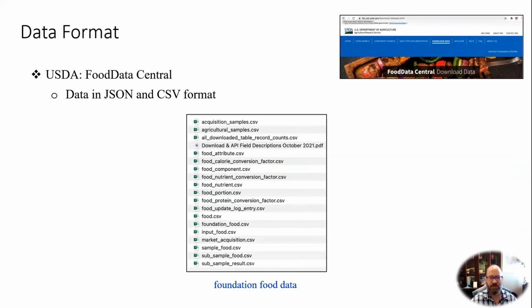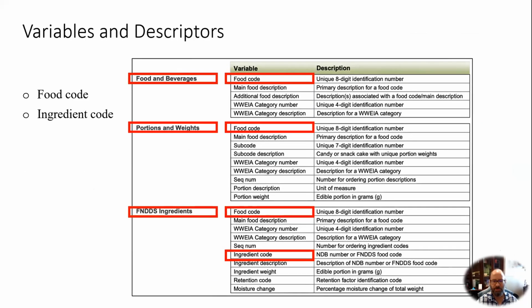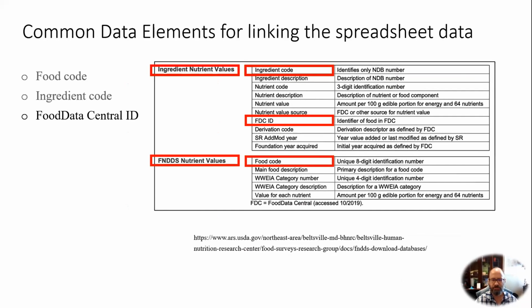So we need to consider, I guess, data format. If you use USDA databases, the data sets are often captured as JSON or CSV format files. They have a number of variables and descriptors which we can use as common data elements, such as food code and ingredient code, which are linked to foods and beverages, portions and weights, and FNDDS ingredients.